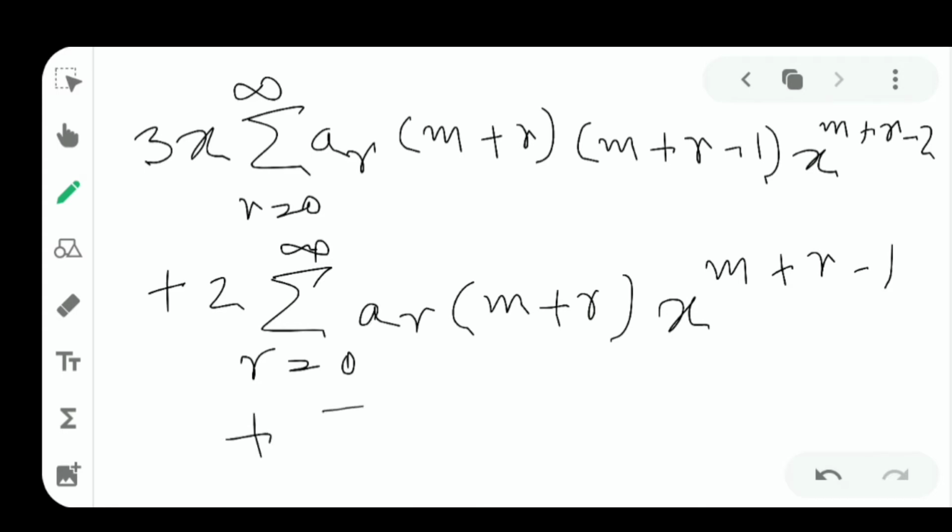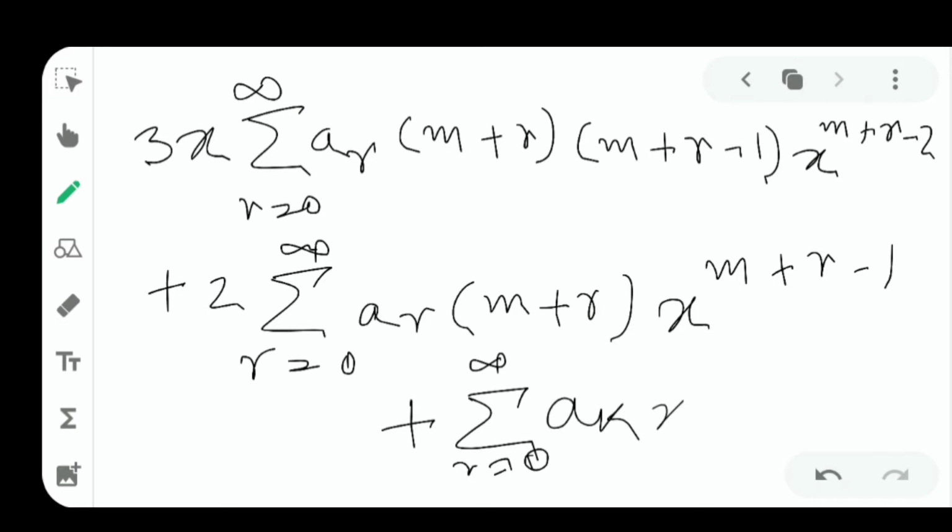Plus y. The value of y will be equal to the summation r equals 0 to infinity of a_r x to the power m plus r. If it is not visible properly, you can write it here also.